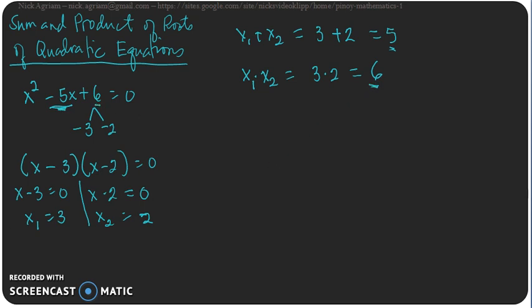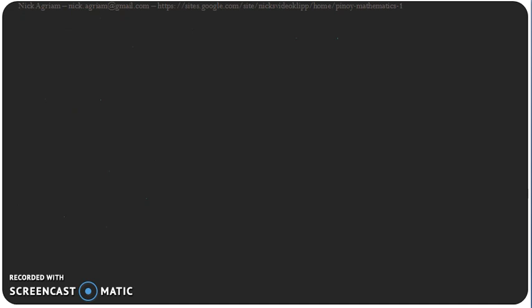Let's see if we can have some more examples. We will have this one: 4x squared plus 16x plus 15 is equal to 0.